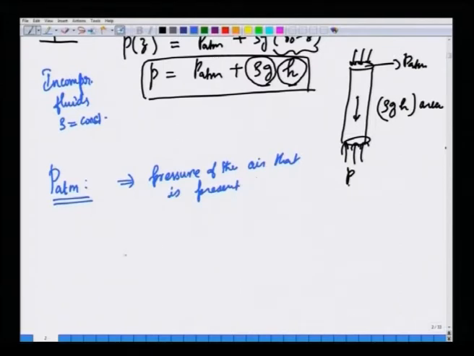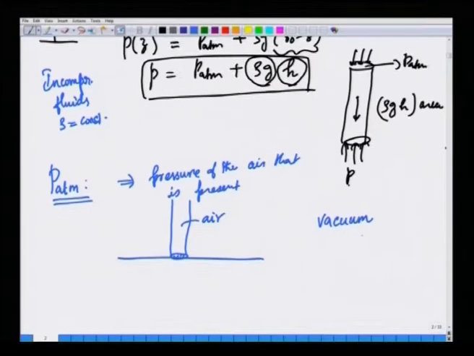And so, if you consider sea level, that is ground level, and take a cylindrical column of air, the weight of this air is precisely the pressure that you will feel at the ground level. And at pure vacuum, that is when there is no air, when you go far away from the ground level, far into the atmosphere, the density of air will decrease significantly, and the pressure will also decrease. So, at pure vacuum the pressure of air is 0.